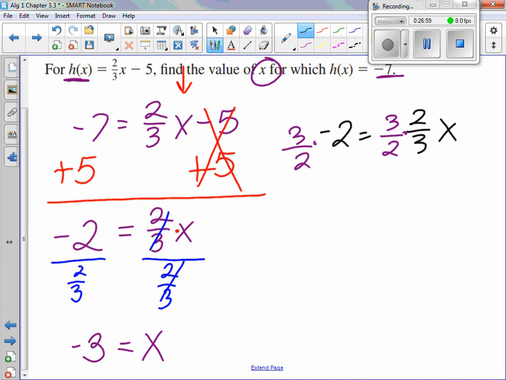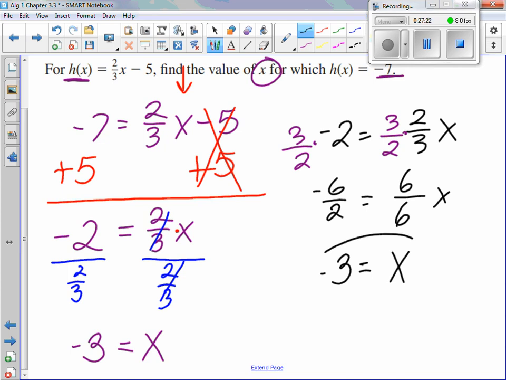So on this one side, well, we'd have -6 over 2, because 3 times -2 is -6, yes? And over here, 2 times 3 is 6. Well, -6 divided by 2 is -3 like we got, yes? 6 divided by 6 is 1.